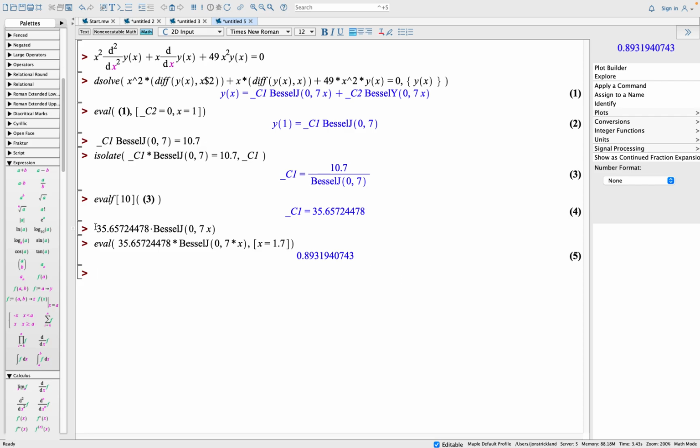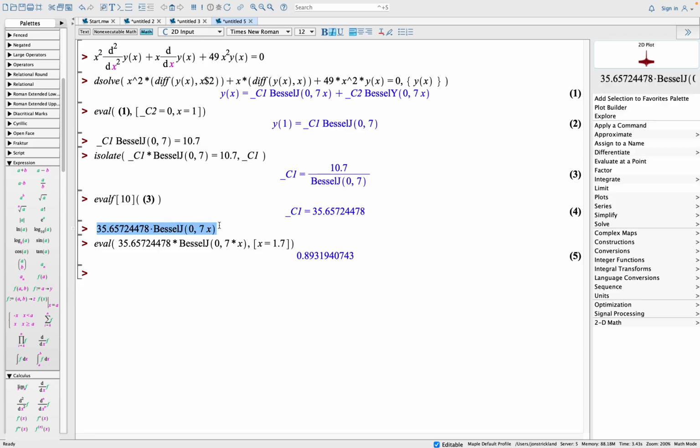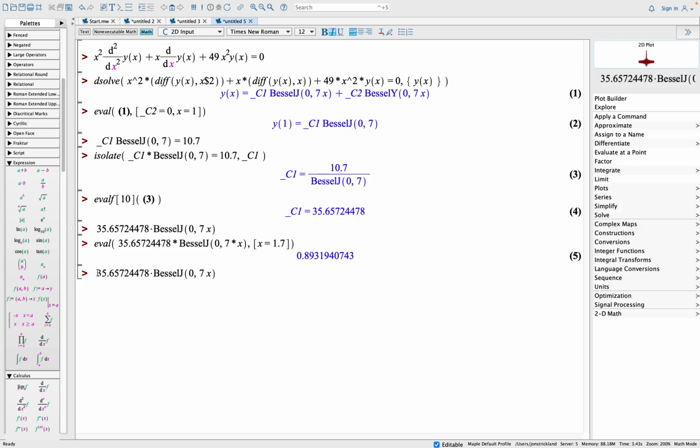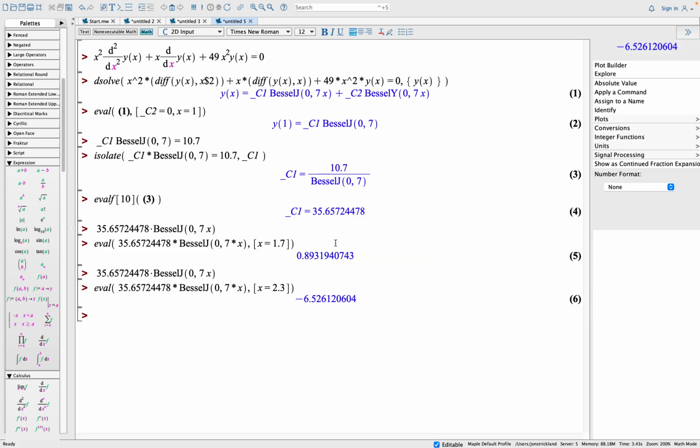Re-entering this command and this time evaluating where x is at 2.3, this time we have negative 6.526.